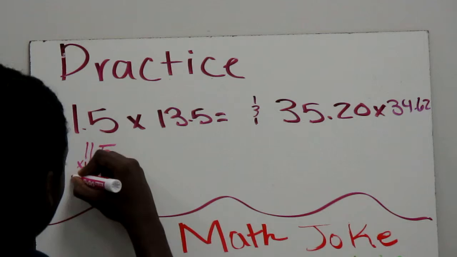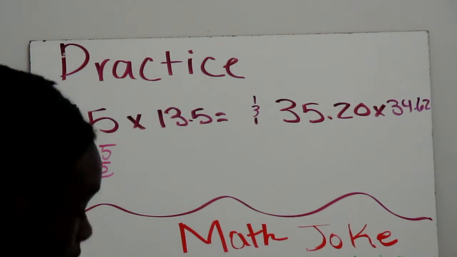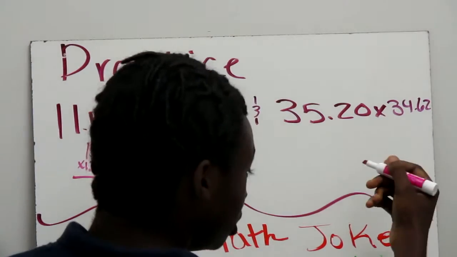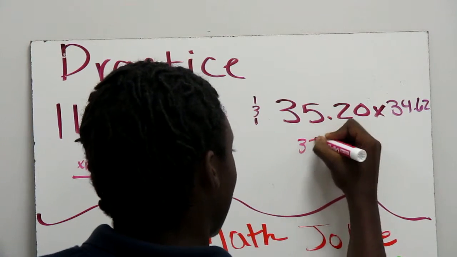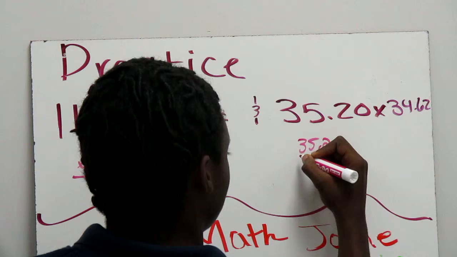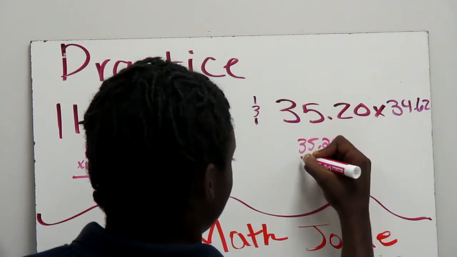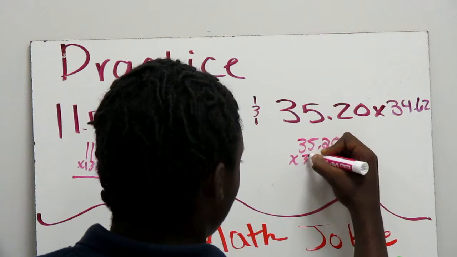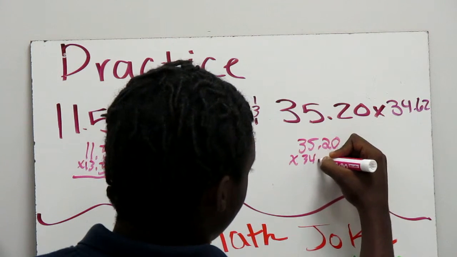You answer it. And here's just the other one too: 35.220 times 34.62.